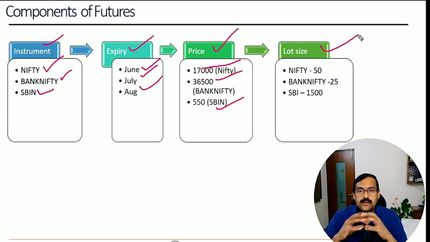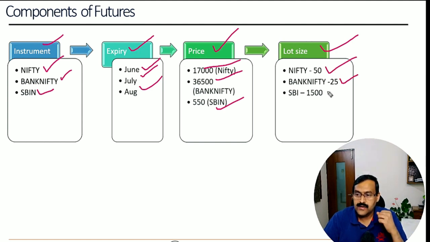Coming to the lot size, I would like to explain a little bit here. Lot size is the minimum quantity that is required for one contract to be traded. For example, for Nifty, it is 50 quantities. For Bank Nifty, it is 25. And for SBI, it is 1,500.